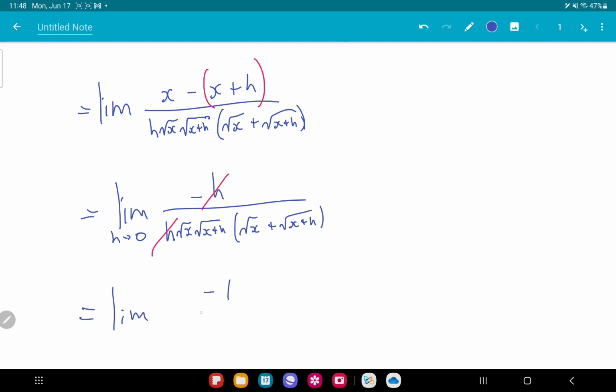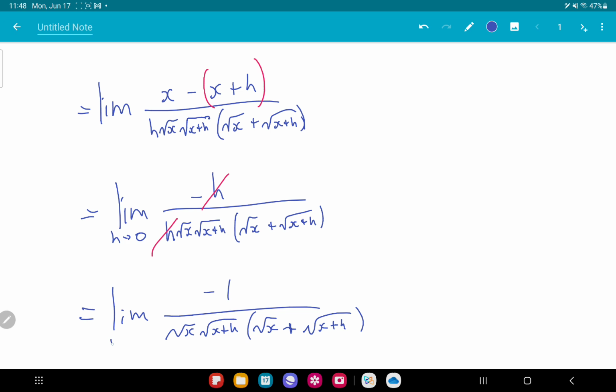Let's get negative 1 over root x plus h bracket root x plus root x. Okay, now what?